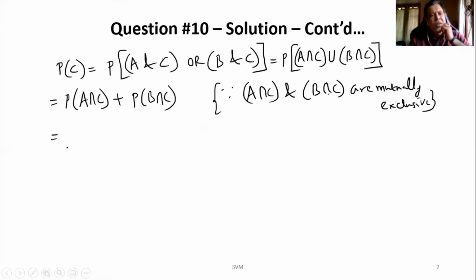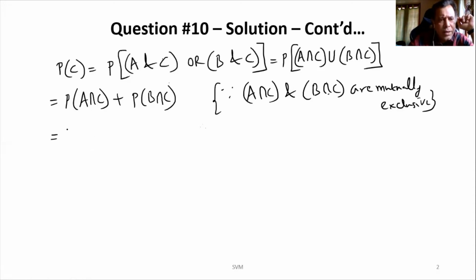Now, the next step is to understand whether A and C are dependent or independent. Of course, they are dependent. The reason is C will change after A happens, because a ball is getting transferred to box 2. Next question is which event is occurring first? Naturally, A occurs first.